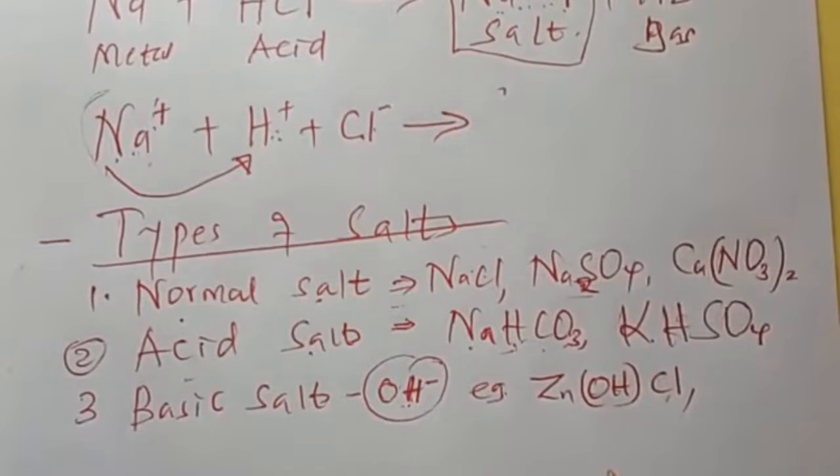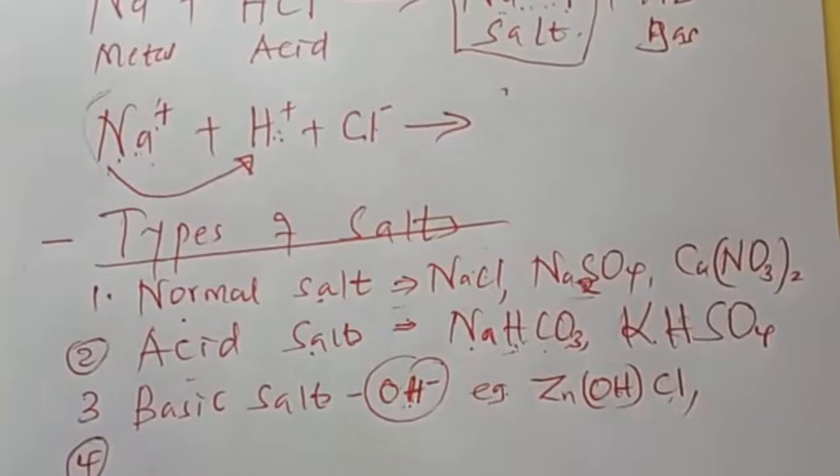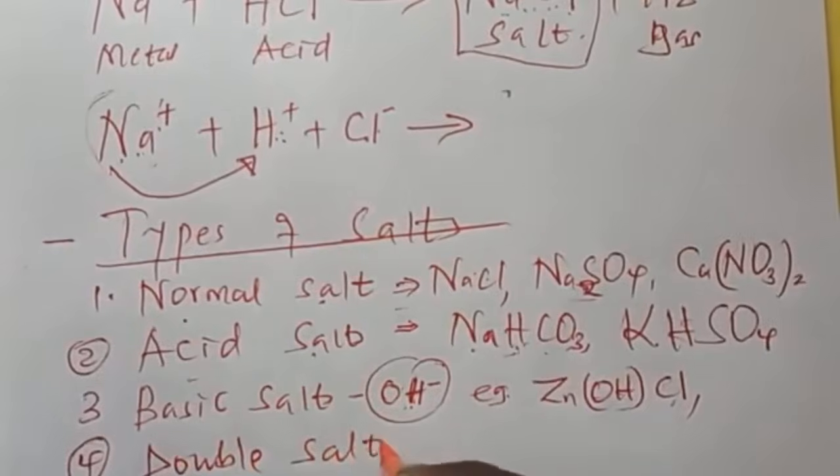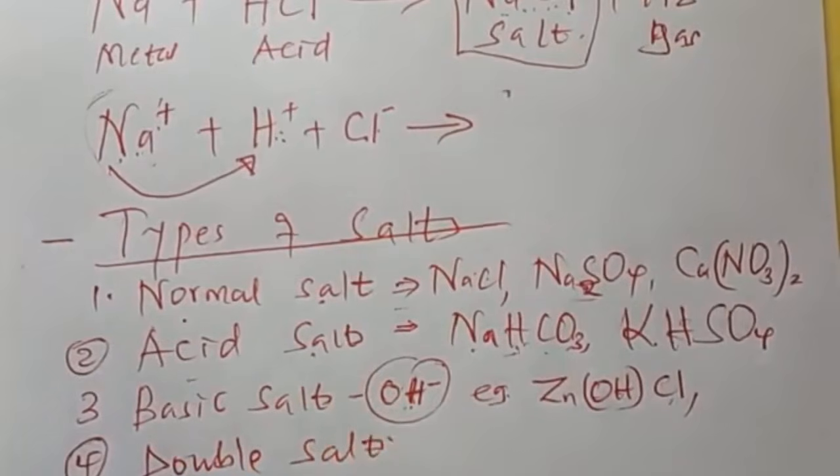That's one example. And then last, number 4 is the double salts. A double salt is a salt in which there are 2 different anions and cations. One salt can have 2 cations in it and 2 different anions in it.